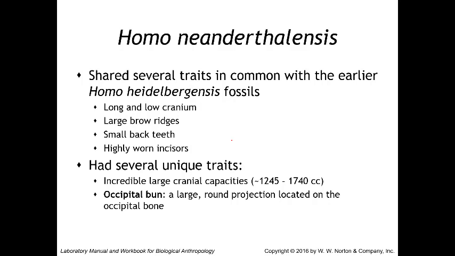One is that incredibly large cranial capacity, anywhere from 1245 to 1740 cc's, so they had very large brains. They also had an occipital bun, which is different from the occipital torus. It's a large round projection located on the occipital bone. Remember, the occipital torus is more like a ridge. This is an actual projection.